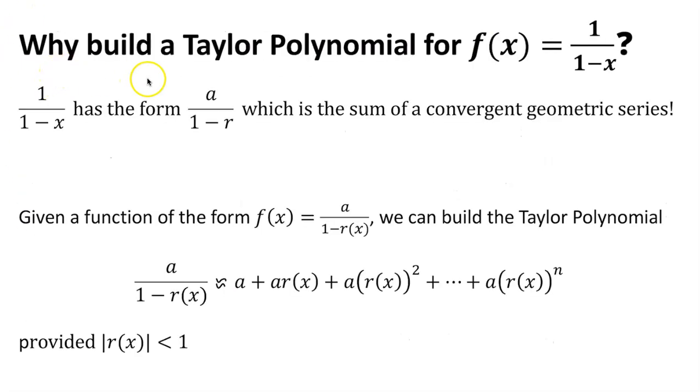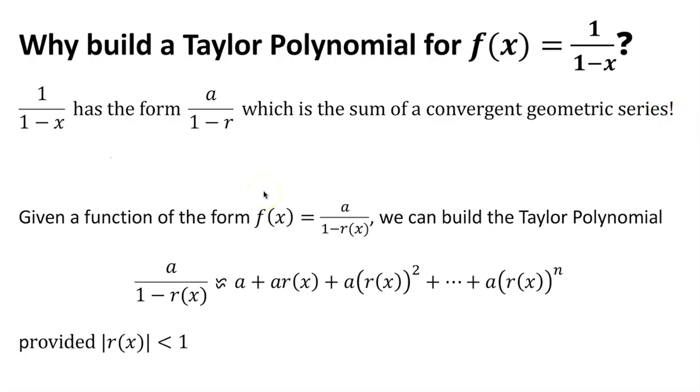So now, why build a Taylor polynomial for f of x equals 1 over 1 minus x? This is a really easy function to work with. If I want f of 4, I can just plug in a 4 right here and easily evaluate this. Well, again, 1 over 1 minus x has the form a over 1 minus r, which is the sum of a convergent geometric series.